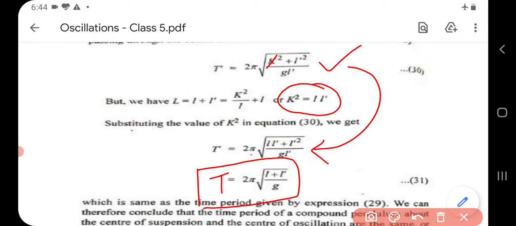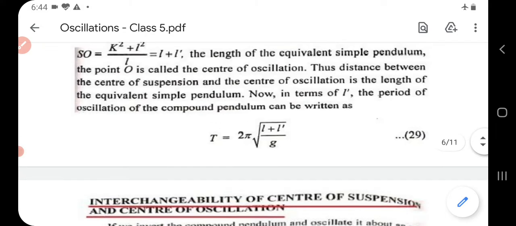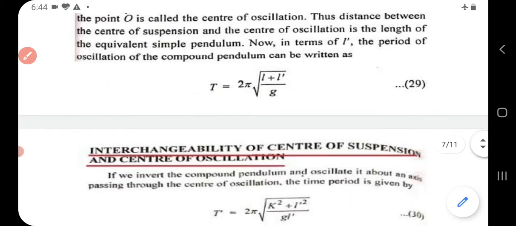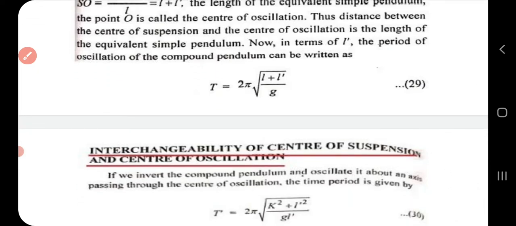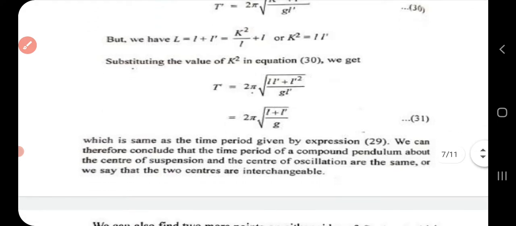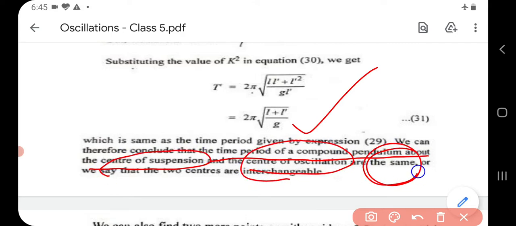Now you compare this time period with the time period that you obtained for the center of suspension, given by equation 29. It is the same expression. So the time period of the compound pendulum about the center of suspension and the center of oscillation are the same.